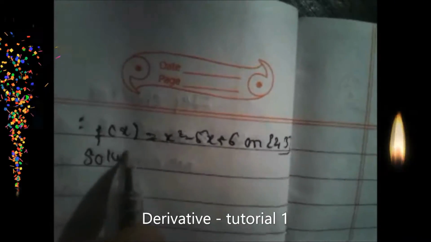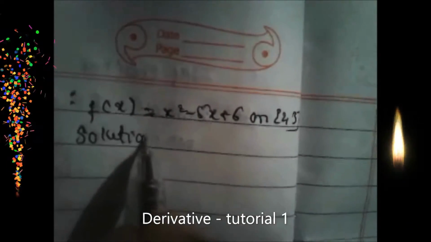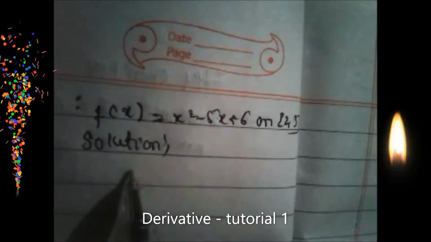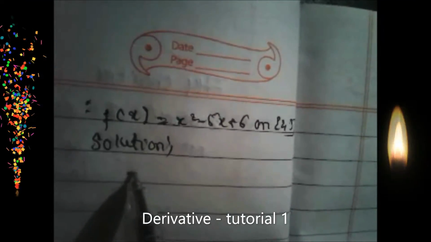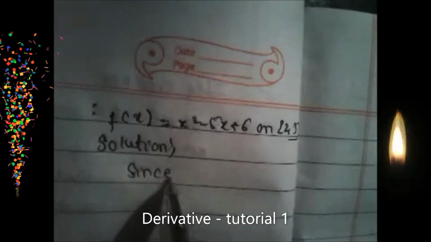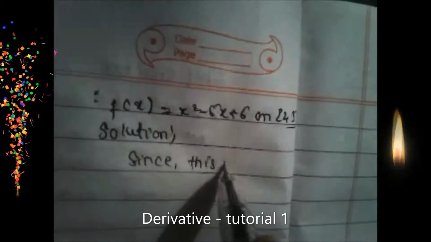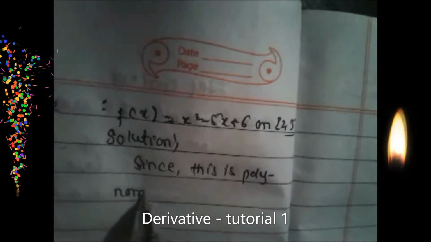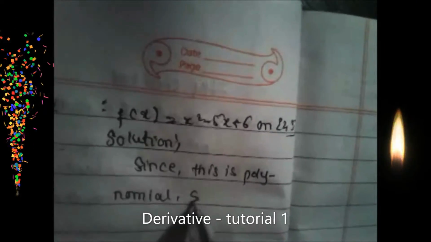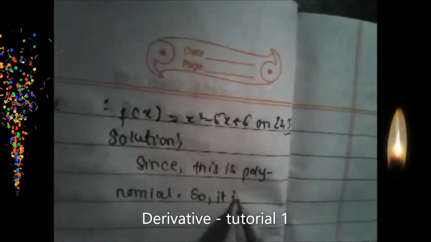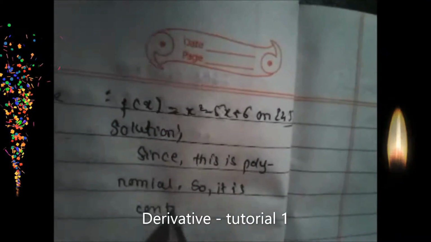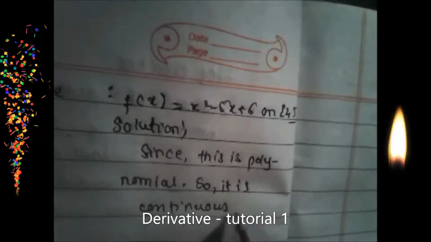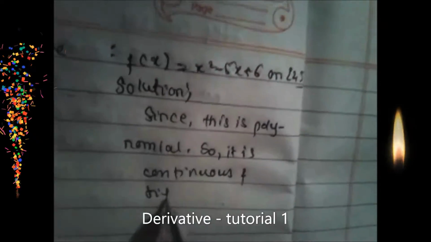We have to solve it. Solution: for Rolle's theorem, since this is a polynomial equation, it is continuous and differentiable.